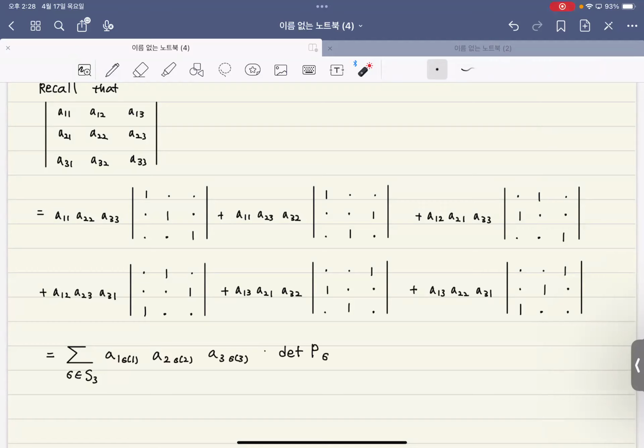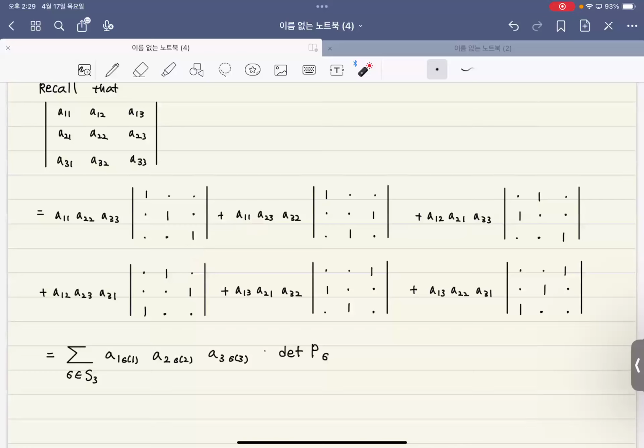So okay, let me go back to this. Let me go back to each of these factors. A11, so every subscript is 1, 1, 2, 2, 2, 3, and 1, 2, 3, 3, 2, 1, 2, 2, 1, 3, 3. So can you read the pattern? So the second subscript is exactly the image of the first subscript under this sigma, right?